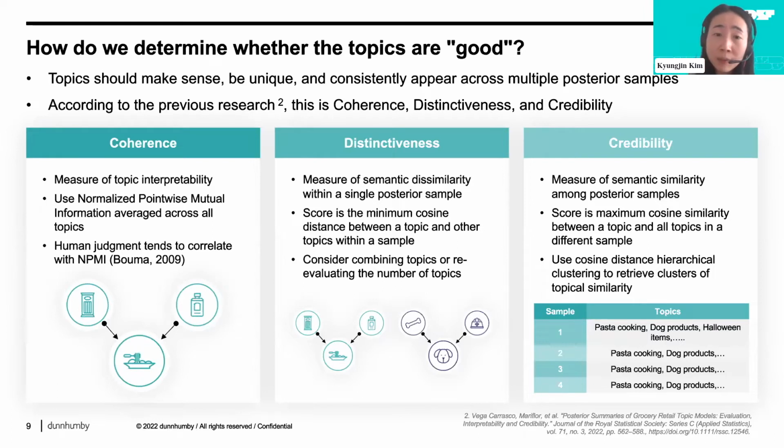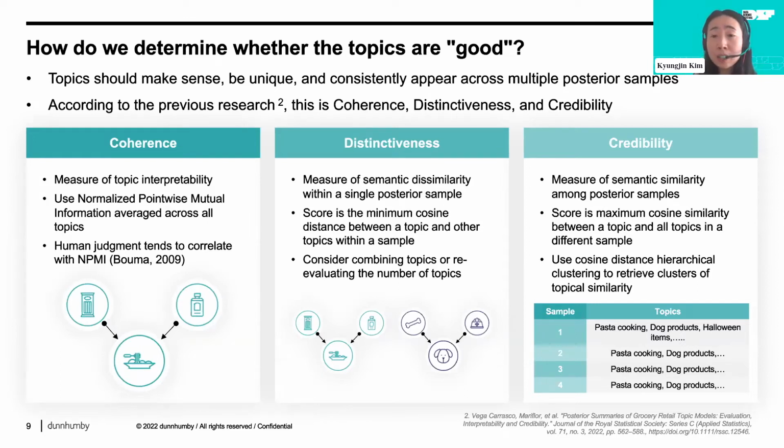Coherence can be evaluated by experts or consumers, and according to the previous research, human judgment on topic coherence tends to correlate with NPMI, normalized pointwise mutual information. So instead of relying on experts or any group of people, we can use NPMI to measure coherence.